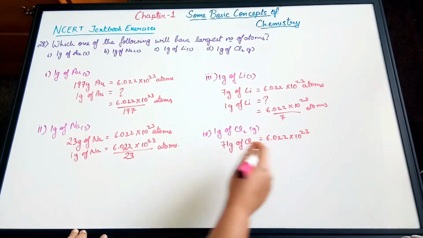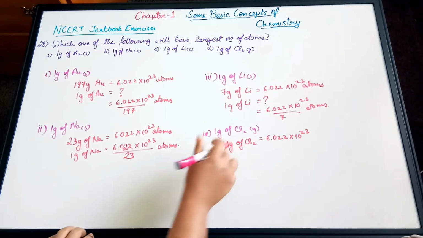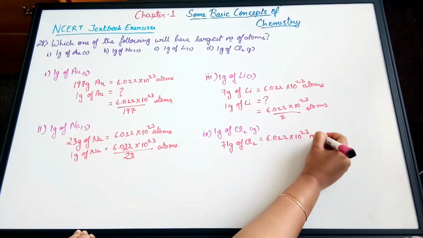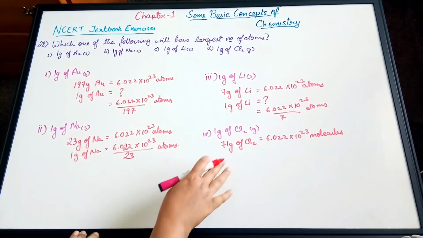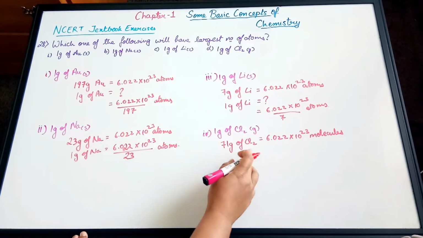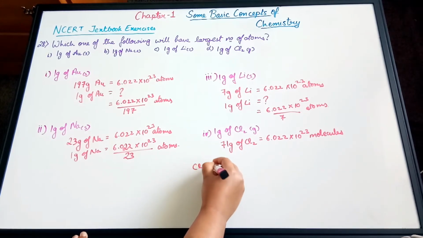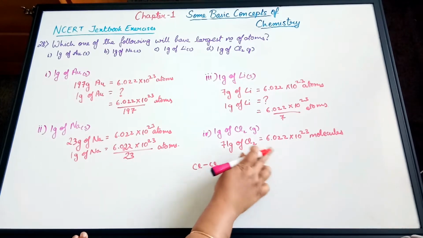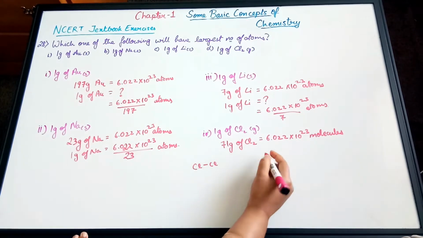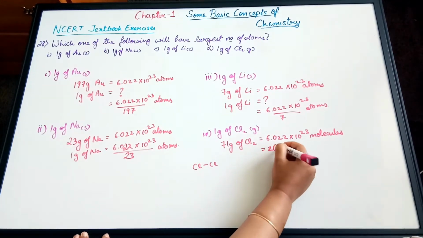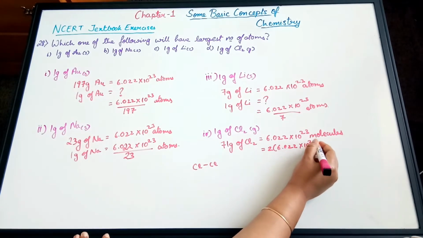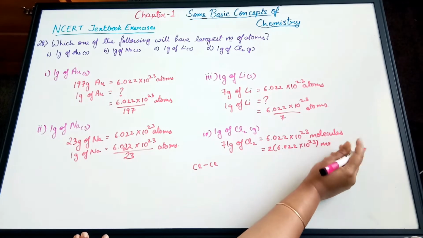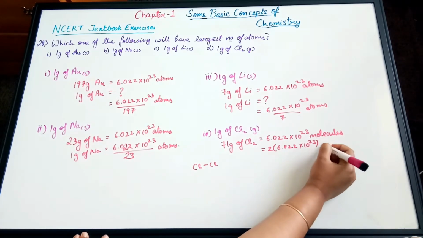You guessed it, because we are talking about the molecule, we write 6.022 into 10 to the power 23 molecules. Then how many atoms will it have? One molecule of chlorine has 2 atoms. So 6.022 into 10 to the power 23 molecules will have 2 into 6.022 into 10 to the power 23 atoms.